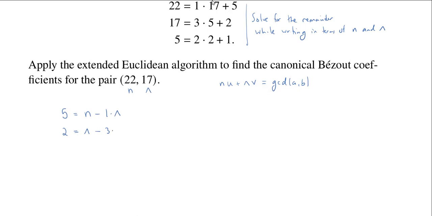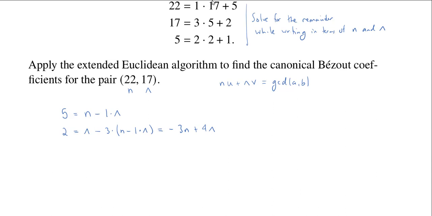But now instead of the 5, I can use the previous line. 5, we know, is n minus 1 wedge. And let's just simplify at this point. So first, how many n's do I have? Well, I have minus 3 times n. And then how many wedges? Well, I have 1 wedge. And then minus 3 times minus 1 is plus 3 wedges. So 1 plus 3 is 4 wedges.